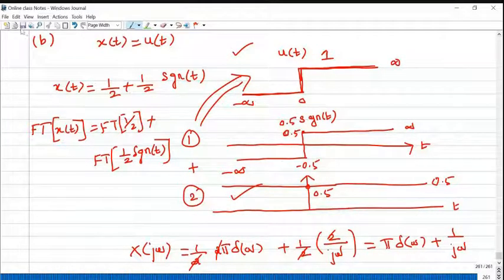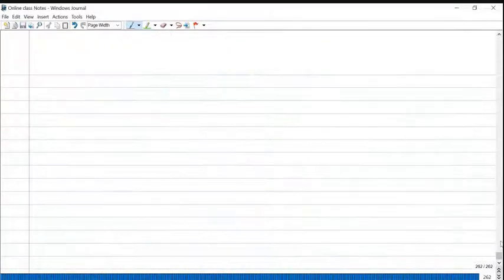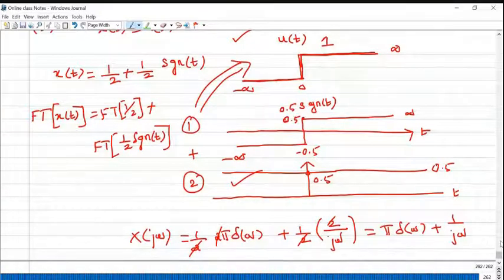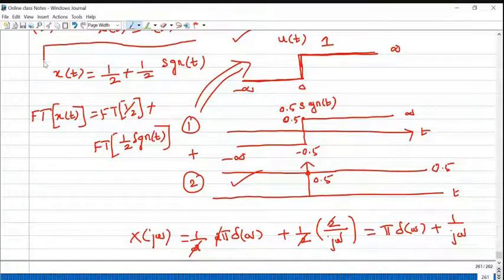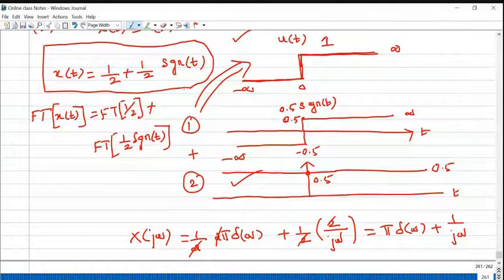So for the unit step function u of t, please remember, don't apply your integration limit directly. U of t is also written in terms of the signum function. Then you apply the Fourier transform, use the formula of Fourier transform, then substitute.